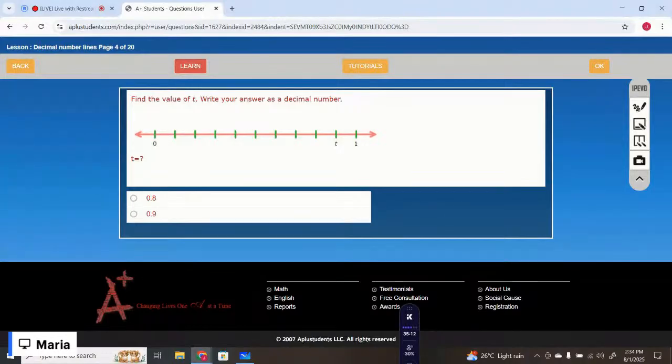Find the value of t. Write your answer as a decimal number. That is 0.9. Option number 2 is the correct option.